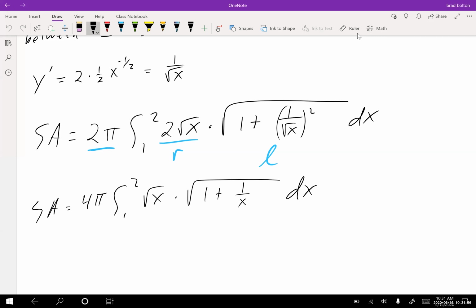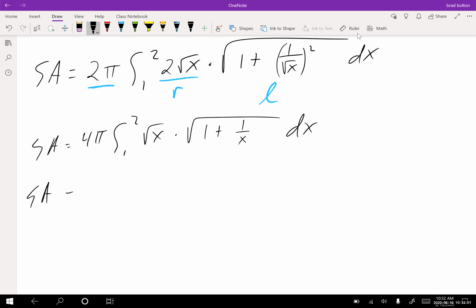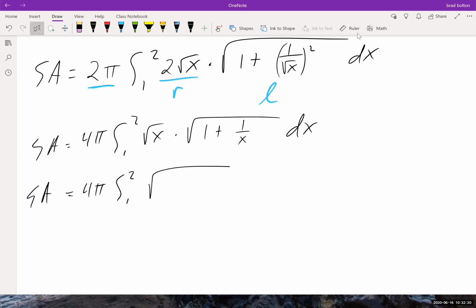All right, so hopefully you guys have tried it a few times, and hopefully you were able to figure it out. Let's see, which way do I want to do this? Again, there's a couple ways you could think about it. Well, what I could do is take the fact that this is the square root of x times another square root, and write it as one big square root.